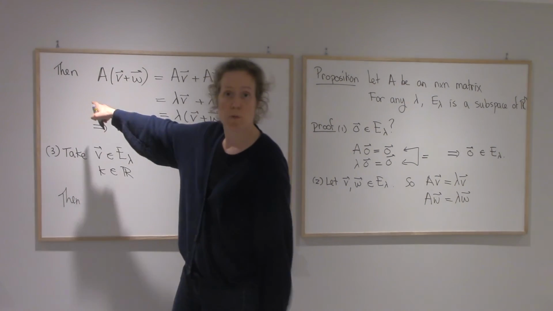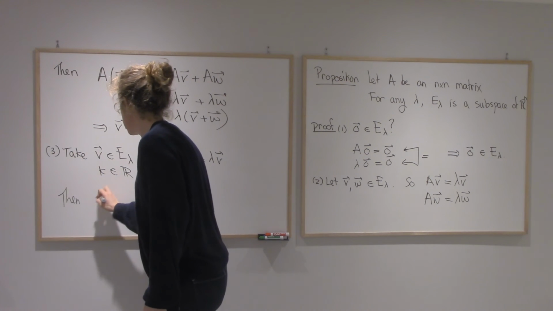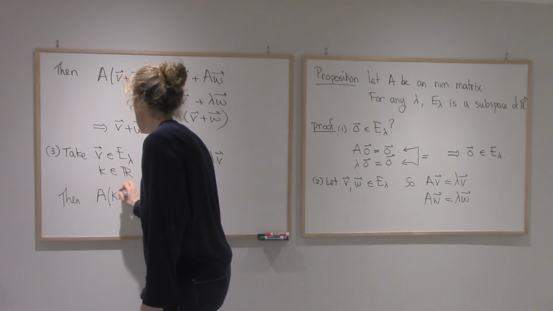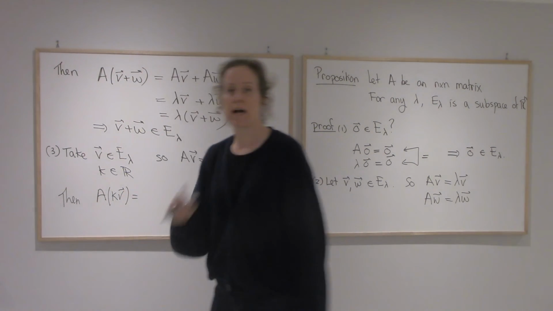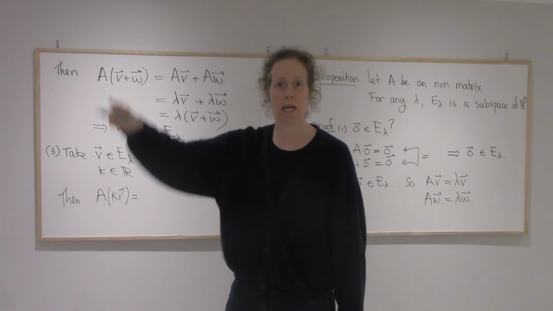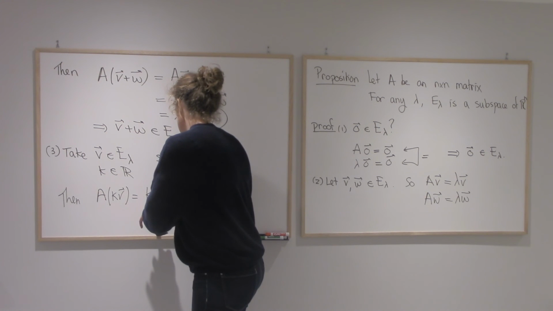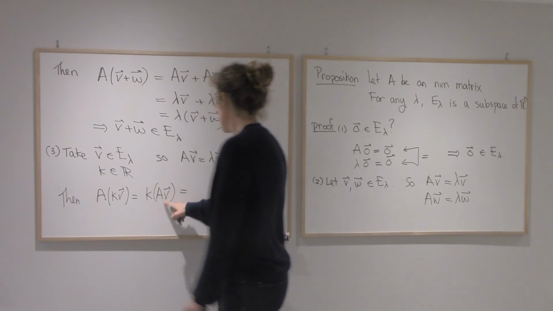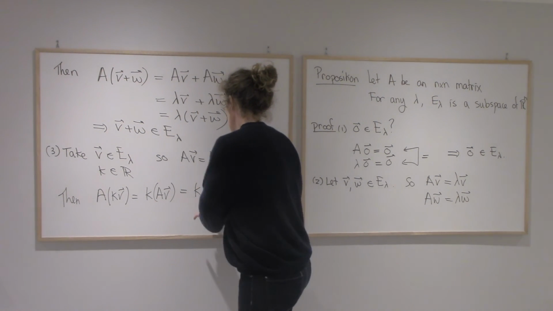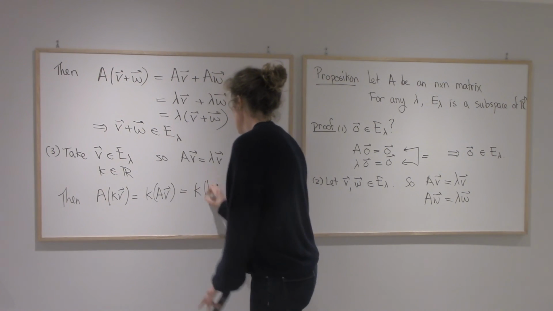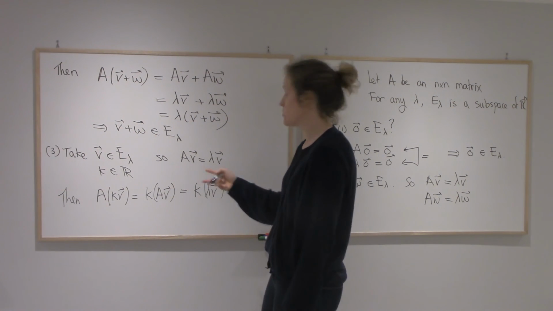So I'm going to test whether it has the right property, A times KV. Well, I can take the real number K and put it up front. So K times AV. AV is lambda V. Now K is a real number, so we could switch.